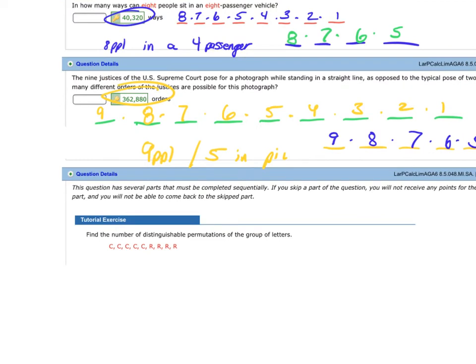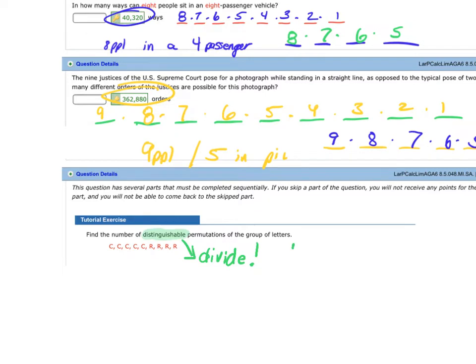All right, this is the last question for here, and then we'll move on to 8.6. This is a different kind of question because it says distinguishable. I told you guys, when you see the word distinguishable, you should remember divide factorial.